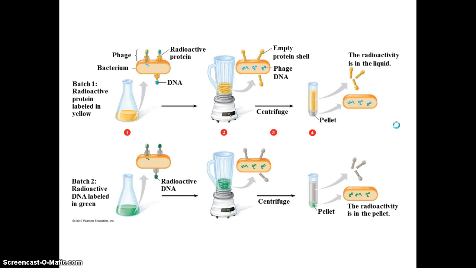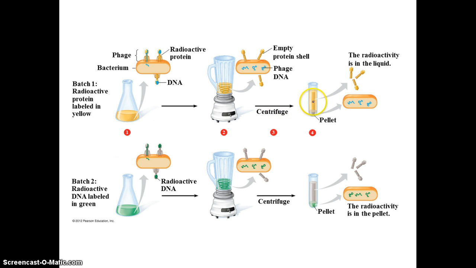So here's their experimental setup. They're going to infect the bacteria, and the first batch is radioactive protein, and then they blend it to shake off the viruses once it infects the cell, and then they centrifuge it.